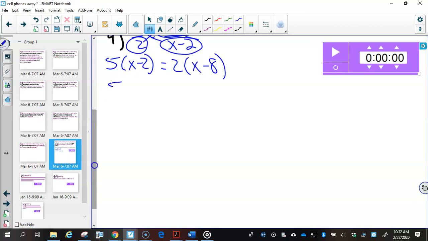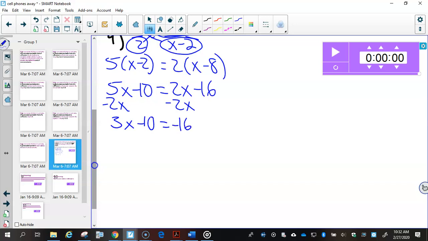Distribute. So we have 5x minus 10 equals 2x minus 16. Now we can move whatever we want. What do we want to move? The 2, okay. So we're going to subtract 2x on both sides to get 3x minus 10 equals negative 16.